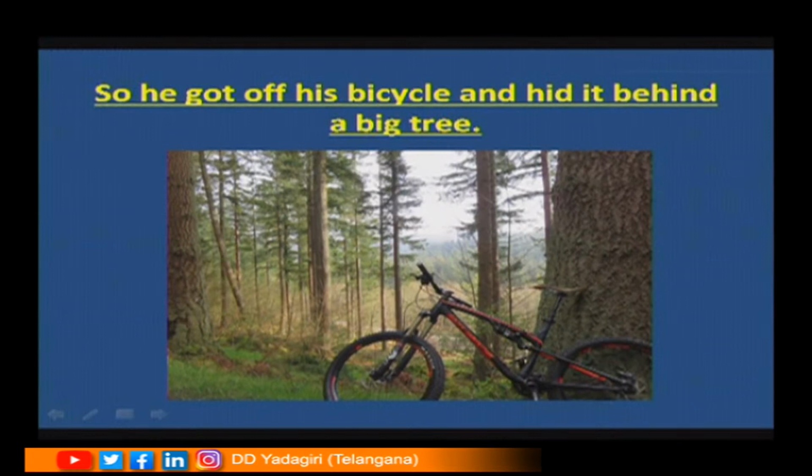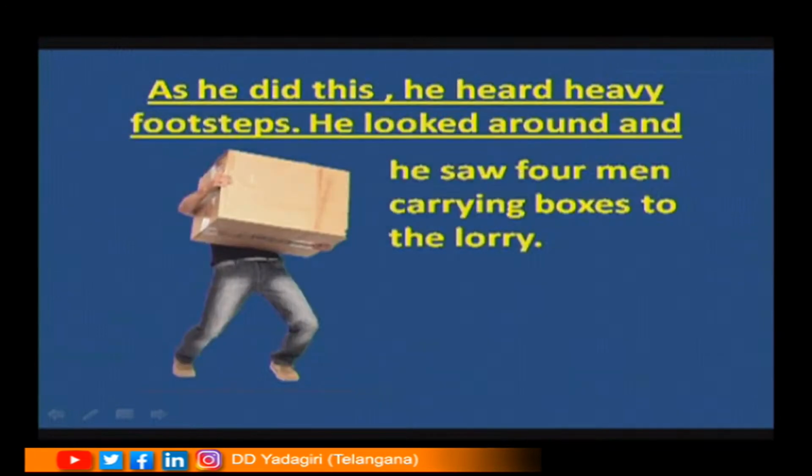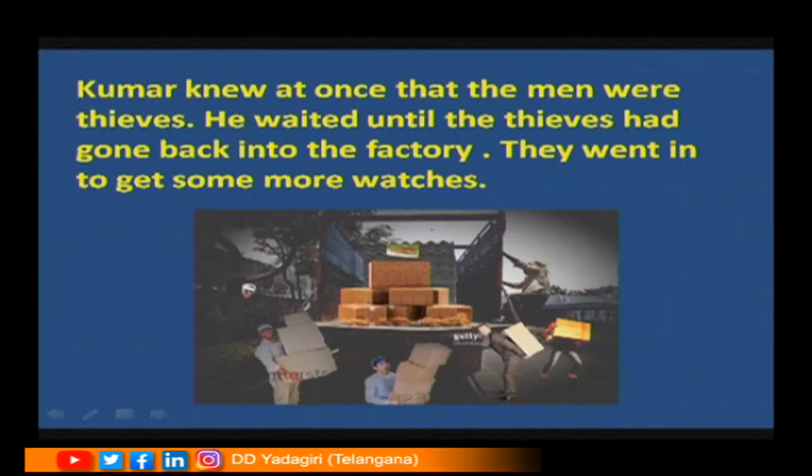So he got off his bicycle and hid it behind a big tree. As he did this, he heard heavy footsteps. He looked around and he saw four men carrying boxes to the lorry. Kumar knew at once that the men were thieves. He waited until the thieves had gone back into the factory.